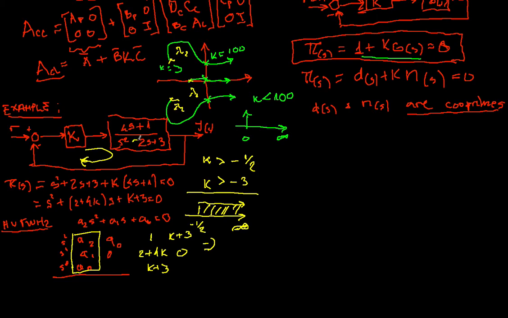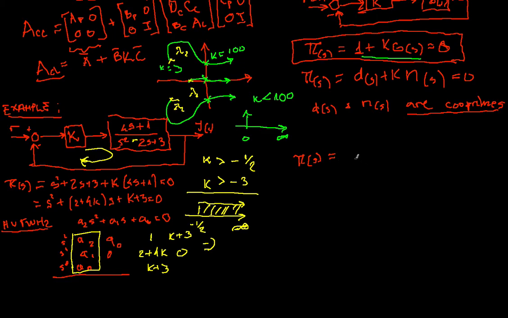Here it's negative, and I will put it in yellow color for the second case, to demonstrate whether we can find a gain such that the system will be stabilized by a pure gain based controller. In this case, just P of s is going to change. So let's write the new P of s.